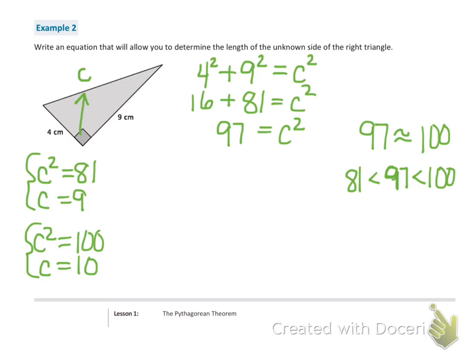Okay, so I would know those things. So I know that in this case, it's going to be between 9 and 10, and definitely closer to 10, because 97 is closer to 100 than it is to 81. So this side length here, C, is going to be pretty close to 10.